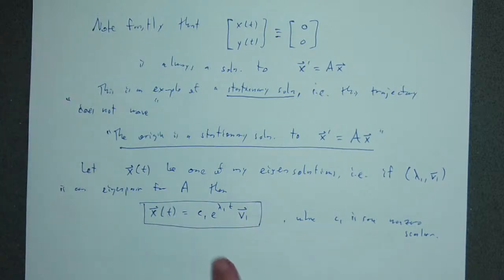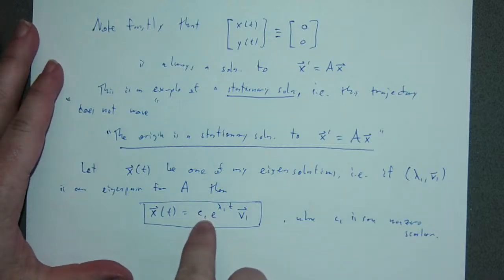What's the behavior of this? What is this tracing out? What is this path, this trajectory? Well, for fixed c1, lambda 1, and v1, I let this thing vary over t. Ultimately, this is a scalar at each t value.